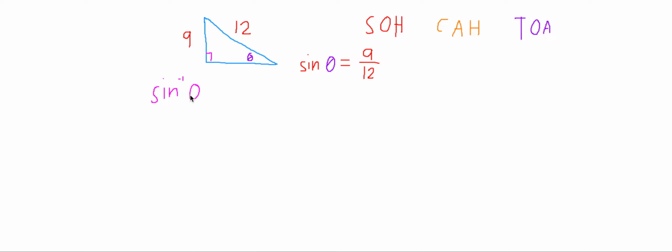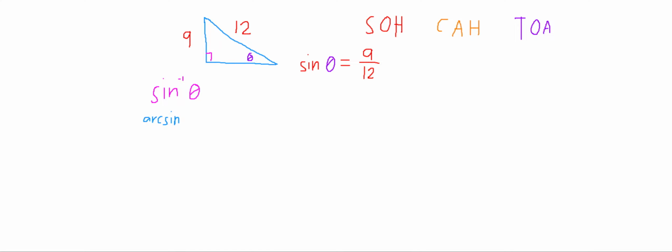This is how you express inverse trig. This is how you reverse taking the sine of something. Arc sine is how you reverse the sine of something, so this could also be written as arc sine. Cosine inverse can also be written as arc cos, and vice versa.